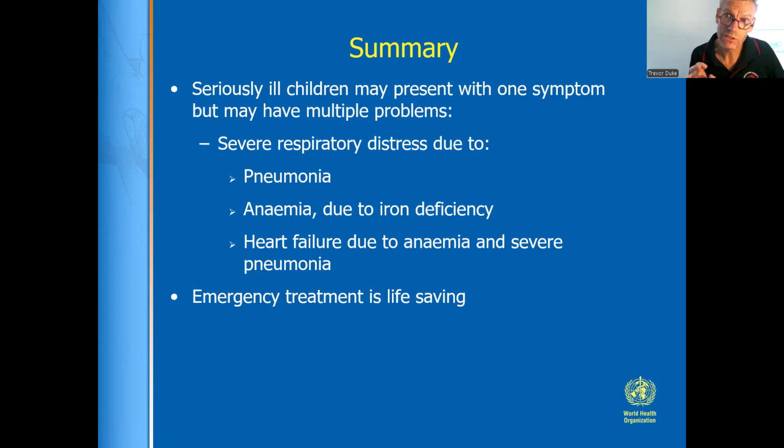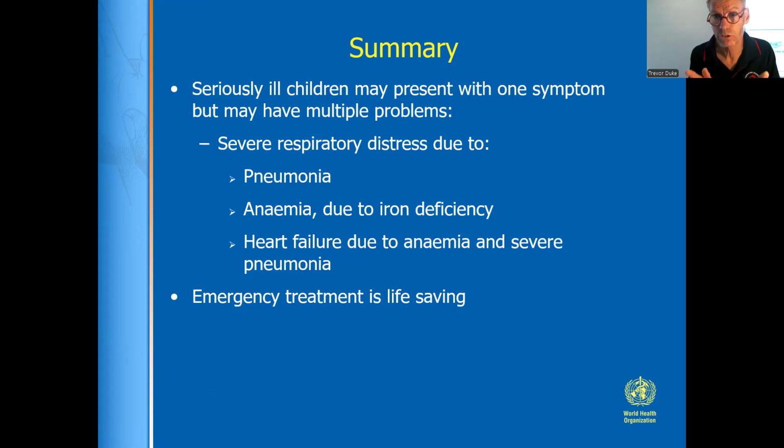Remember I said if a child's got underlying anemia, if they get a severe infection, then they're quite likely to have signs that will exacerbate their heart failure and actually will cause their hemoglobin to drop even further, usually with an acute infection. An emergency treatment that you saw can be given very simply.